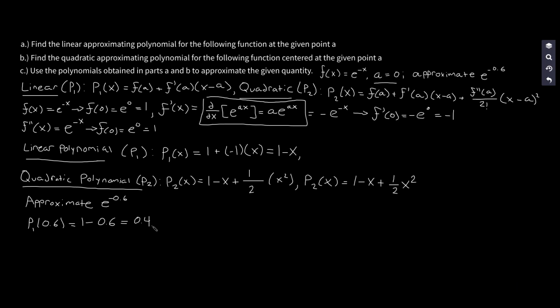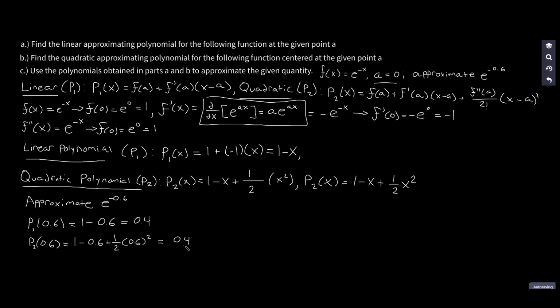So then for the quadratic, this is p sub 1, that's the linear. For the quadratic, we'll have p sub 2 of 0.6, and that's going to be 1 minus 0.6 plus 1/2, and then remember everywhere where there was an x, like right here how there was an x squared, it's going to be 0.6 squared, and then that's going to simplify to 1 minus 0.6 is going to be 0.4.